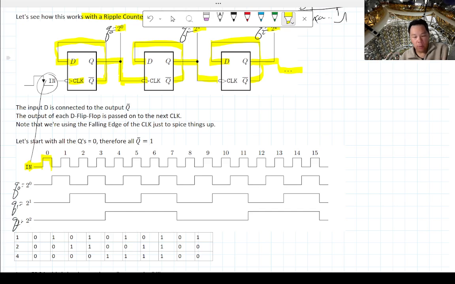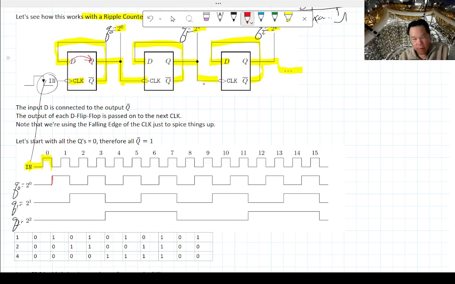Therefore, Q bar is going to be 1. So Q bar is equal to 1. That means D is also equal to 1. So when the clock signal goes down, when you see the negative edge, the D gets sent over to Q. The transfer happens when the clock pulses down, and therefore now Q ramps up to 1.